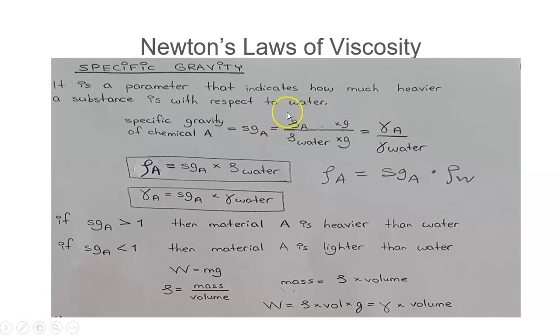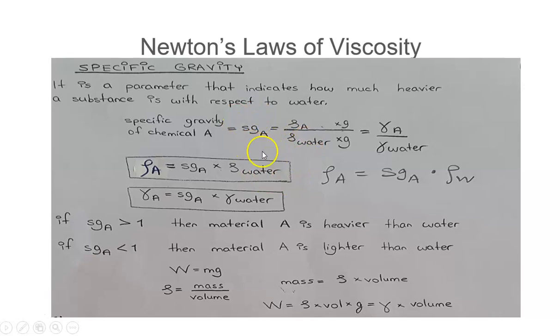So if you consider SG_A equal to this equation, g would have cancelled g. This is the mass density of A, this is the mass density of water. So we can make the mass density of A the subject of this equation. If we do that, we end up with mass density of A equals specific gravity of A multiplied by the mass density of water.